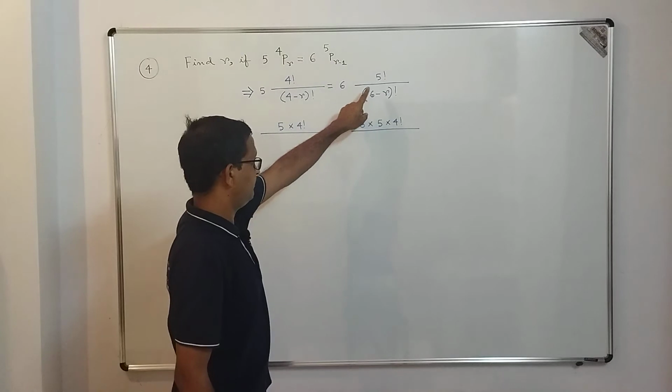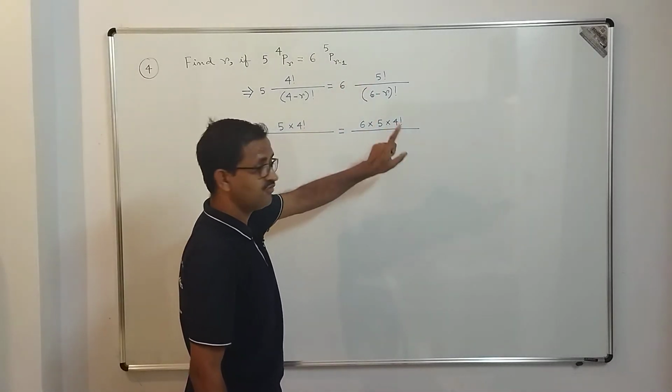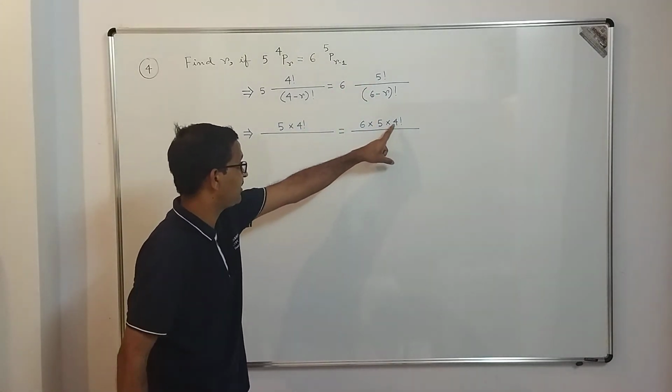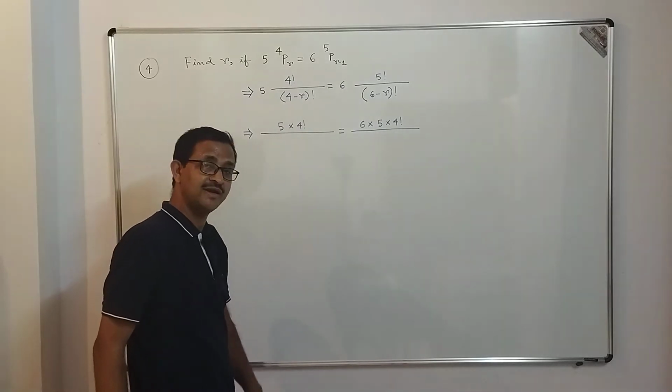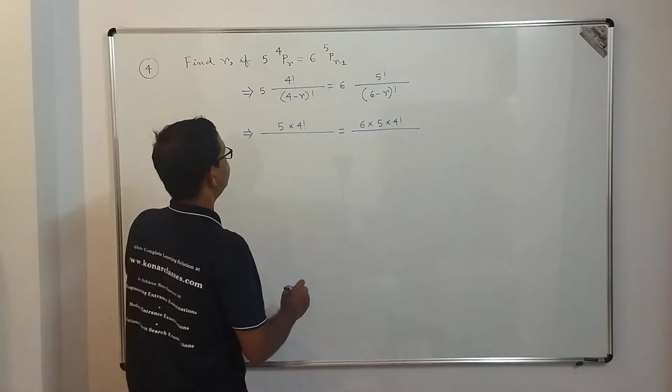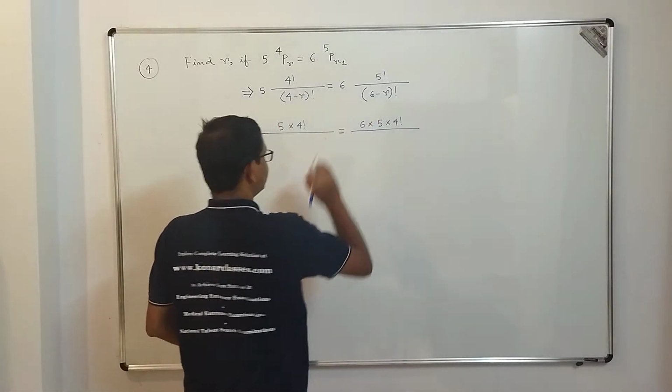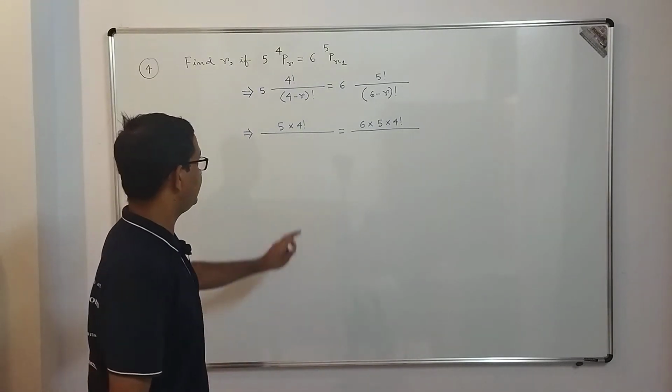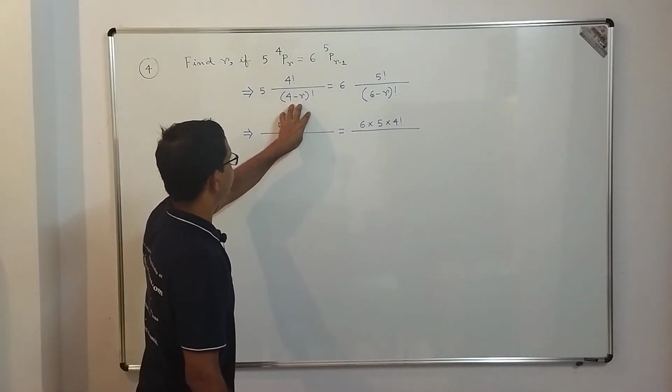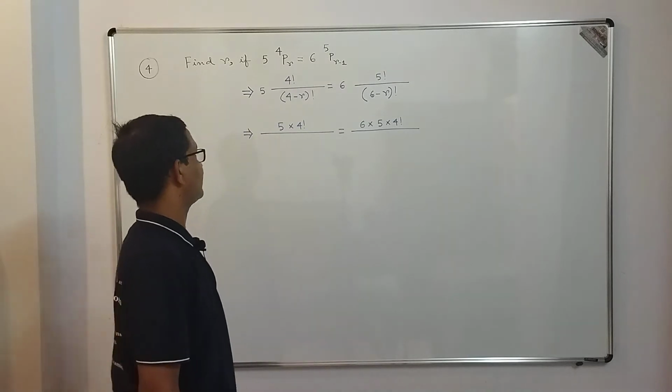So I have broken that 5 factorial till we reach 4 factorial, so that 4 factorial can cancel with the 4 factorial in the left hand side. And in the denominator of both left hand side and right hand side, we see 4 minus r factorial and 6 minus r factorial.